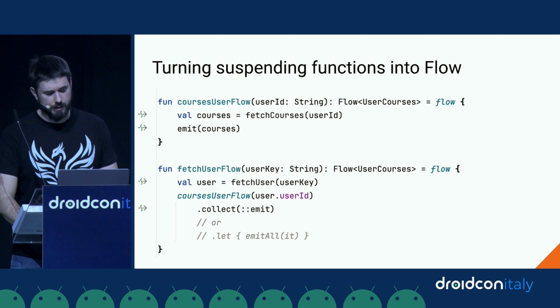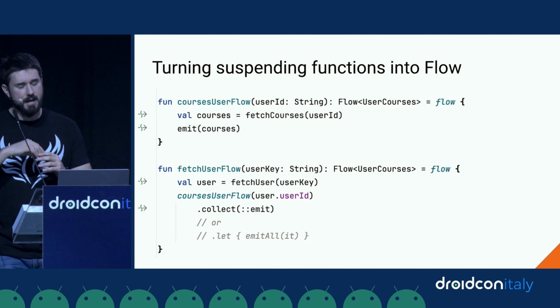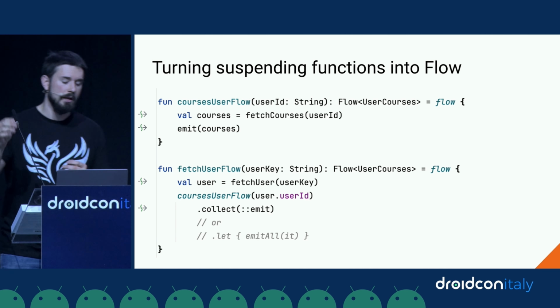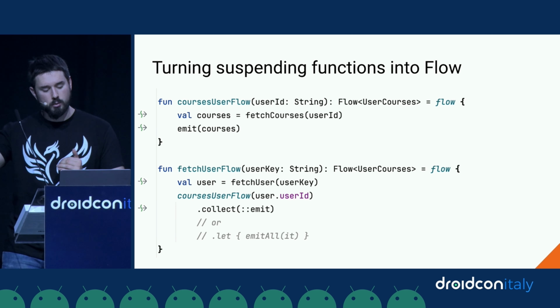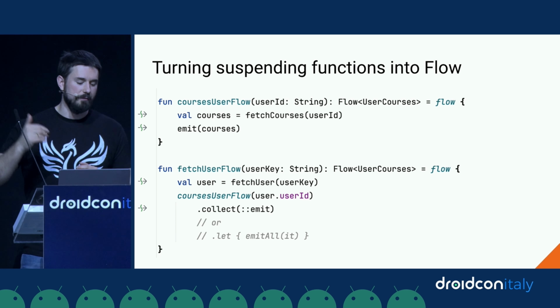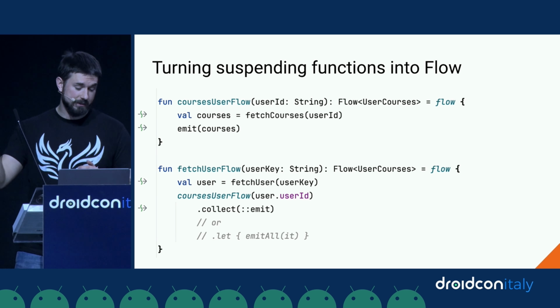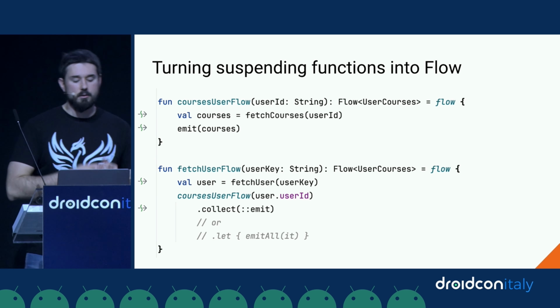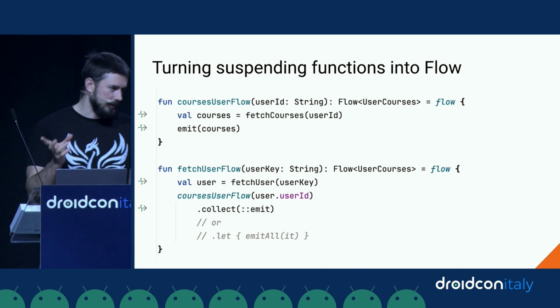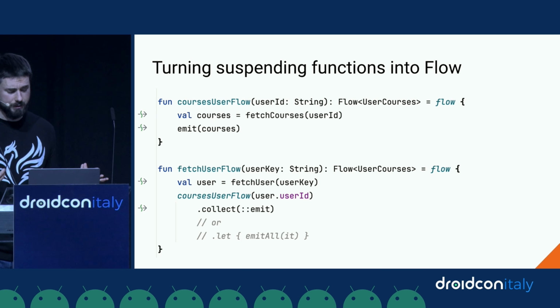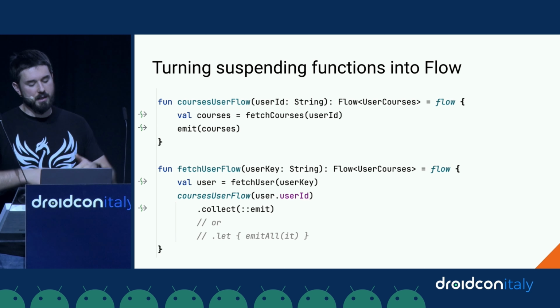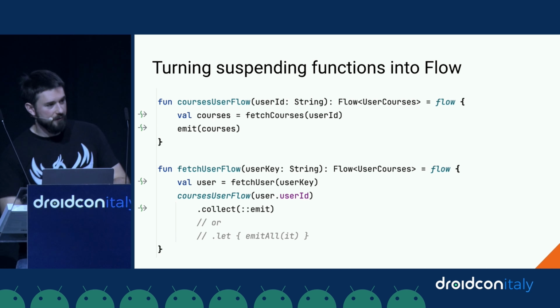You can also make a suspend function call and then use a flow in the following way. Use a flow, make a suspending call, and then create another flow based on the result of this call. And from the second flow, you need to emit to the first flow.